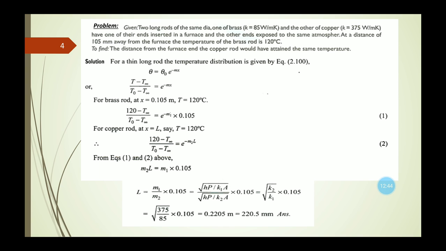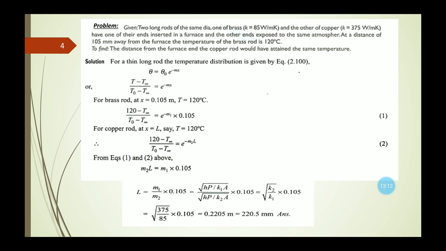Now for this copper rod we need to find the distance. Suppose this distance at x equals to L. So this L we need to find ultimately. So when at x equals to L, the temperature for the copper rod will be the same as the brass rod, which is given in this numerical. As the brass rod temperature is 120 degrees, let us consider for this copper rod also the temperature T equals to 120 degrees centigrade.